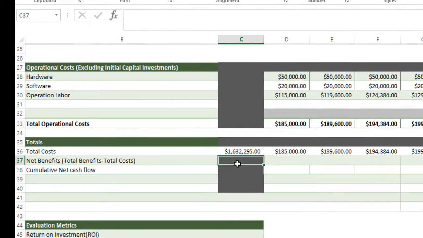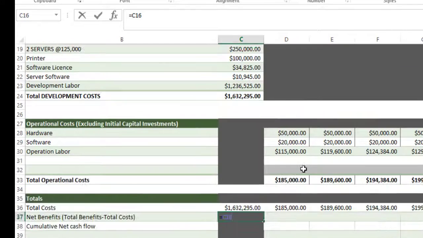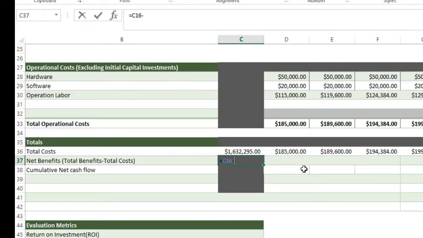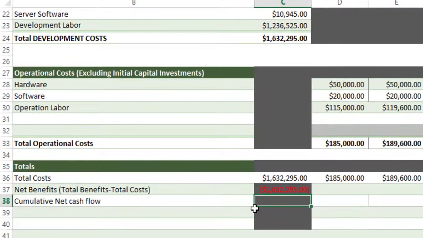So to determine that, we are going to say equals, and we click on the total benefits, and we subtract the total costs. And it's going to give us the net benefit into brackets, meaning that it's a negative.